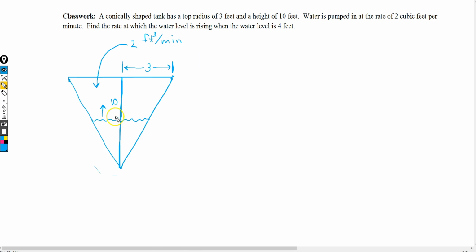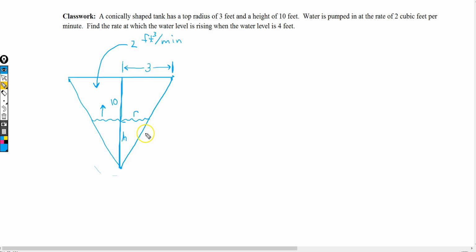Now let's label some other things here. Let's say the depth of our water here, we'll call that h, and that's going to be a function of time t. So h is this distance from here down to the bottom of the tank. Let's call the distance from the midline out to the outer edge, where the water level is, r.